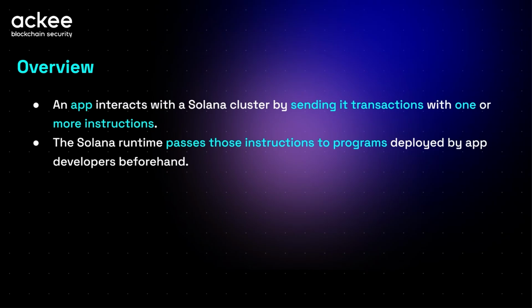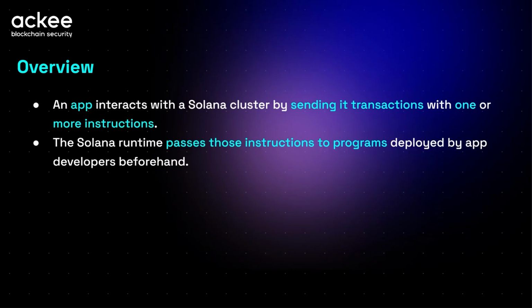That means you as an app developer create a Solana program, then you deploy it to the desired cluster, so for example devnet, or if it's in production then mainnet, and then other users can interact with your app by sending transactions to the Solana cluster, and the transaction contains the instructions which are meant to call your program.